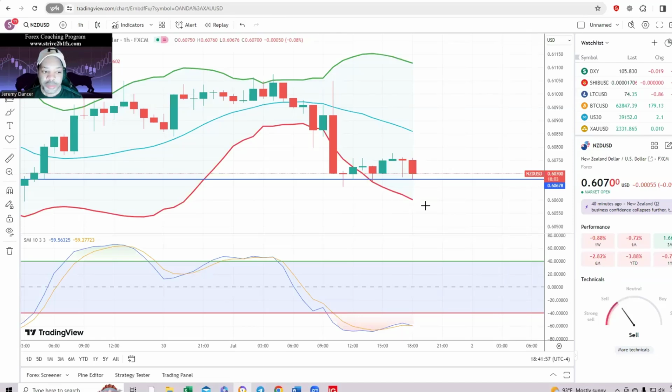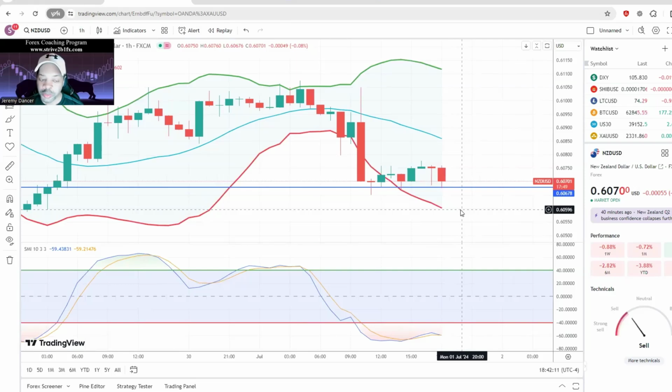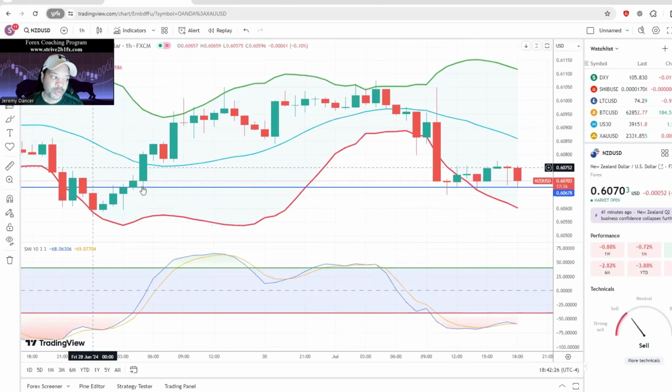All right. So when it comes to using Galileo, you want to run Galileo on strong support and resistance zones. We can already see that this current area right here is at a very strong support zone, which is very attractive. We can also see here that it was a previous support zone.